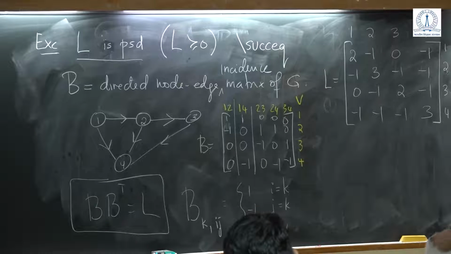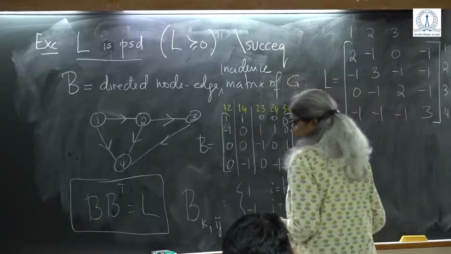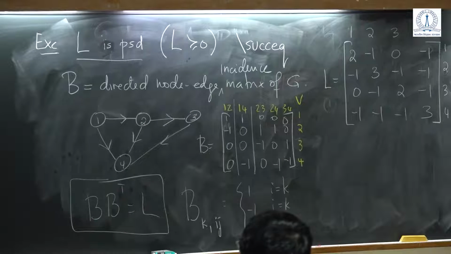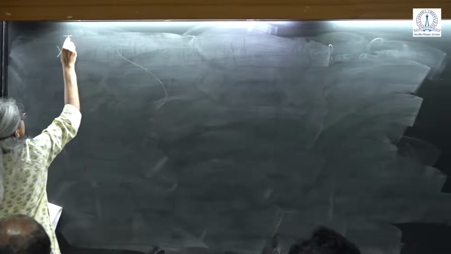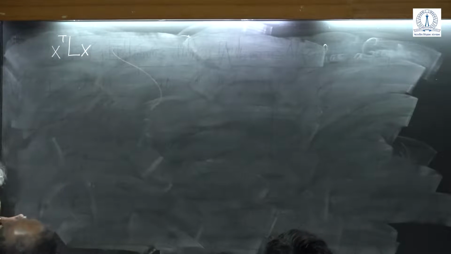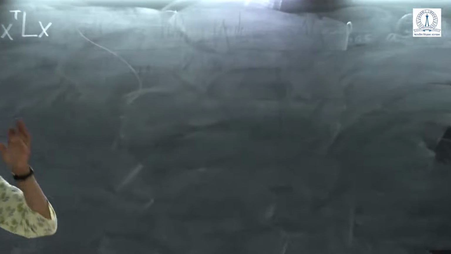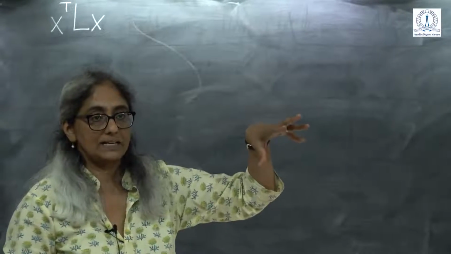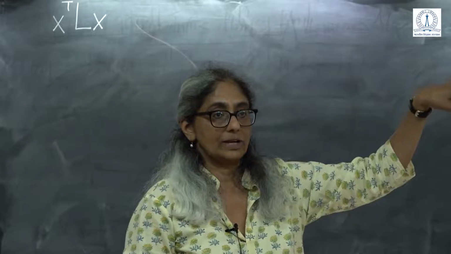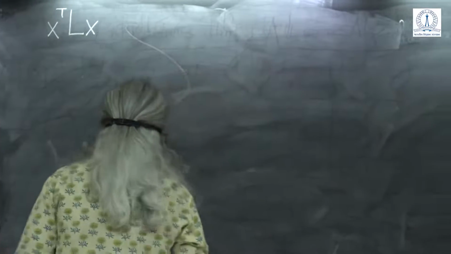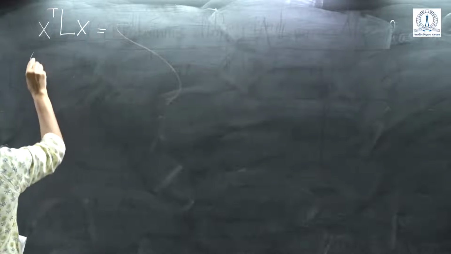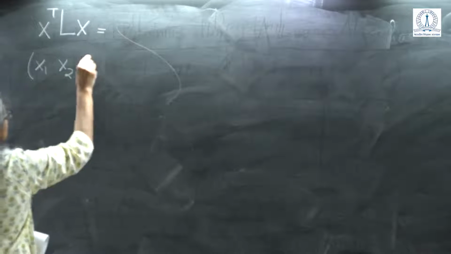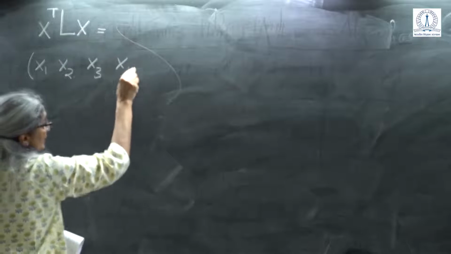Okay, great. So if you have this, can you tell me what happens to the quadratic form? The quadratic form was one of the definitions, right? So let's look at x transpose Lx. Every symmetric matrix has a quadratic form. What does this mean? In our example, I take x1, x2, x3, x4. These are variables.